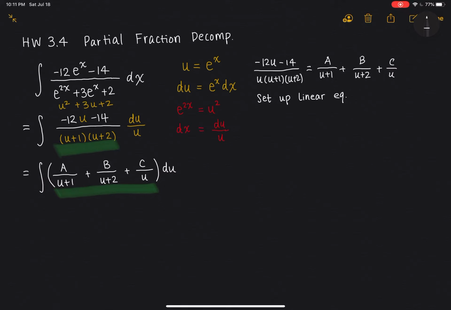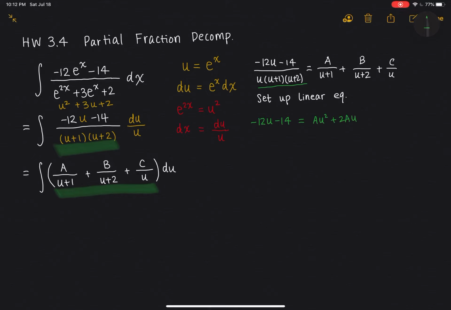Well, we don't want to deal with fractions, so we multiply both sides by the common denominator. So we multiply both sides by this quantity right here. So we will get negative 12u minus 14 will equal a times u plus 2 times u, so a u squared plus 2a u.